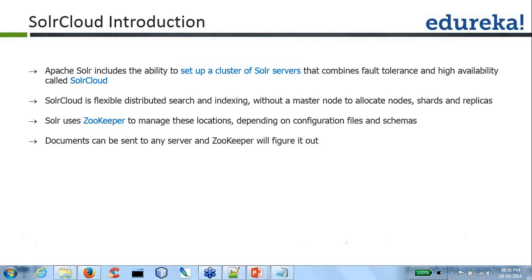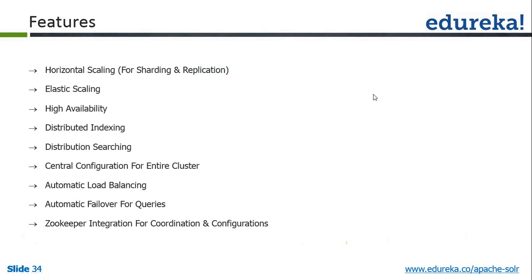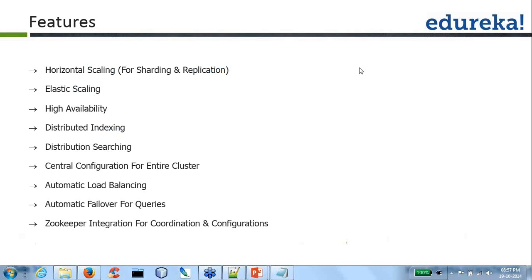SolrCloud is not a master-slave architecture. It does not have a dedicated or blocked master. Rather, it selects leaders dynamically based on the request. Some of the features you can get using SolrCloud are with the new versions.